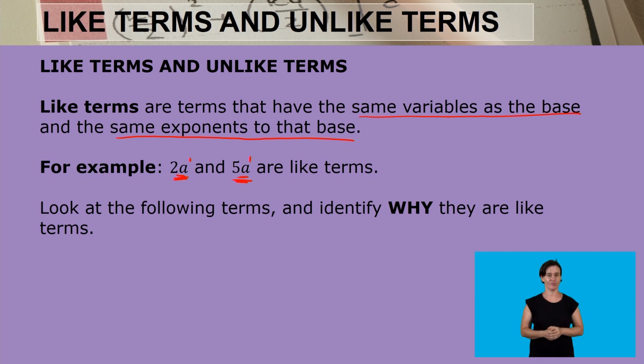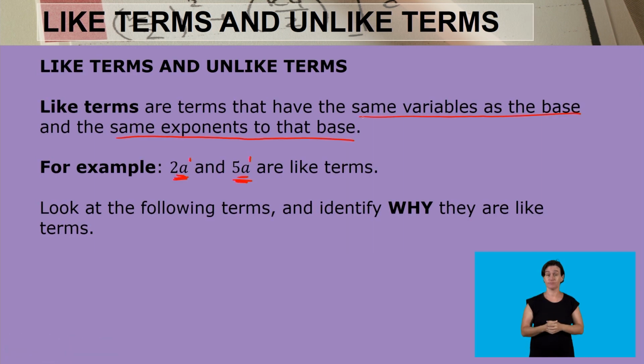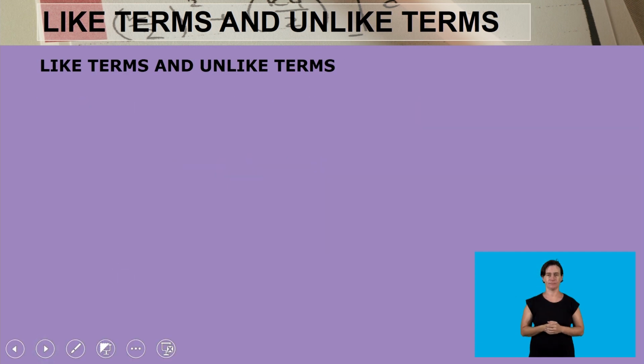Now let's look at the following terms and identify why they are like terms. Remember, what are we looking for? We are looking for the same variables as a base, and we are looking for the same exponents to that base. So the first pair of terms that we have there is 3x squared and 7x squared.